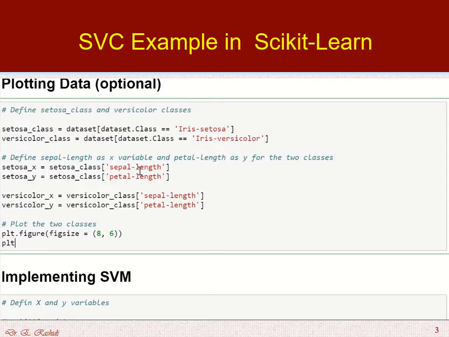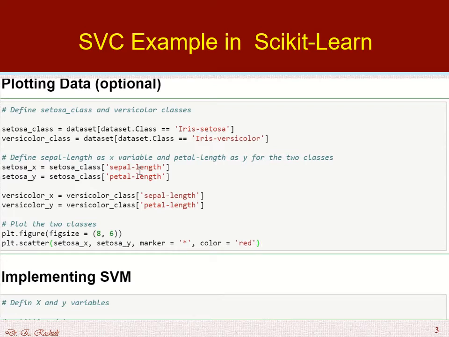So it's plt.scatter, and the x value would be the setosa x, and setosa y. These are x and y variables, and for setosa, we want our marker to be, for example, a star, and the color of that star we want to be red, for example.